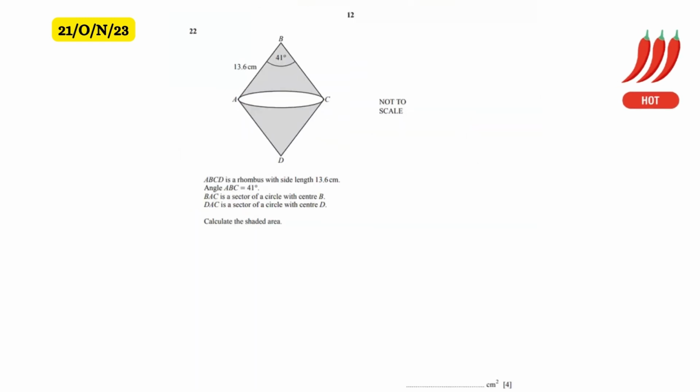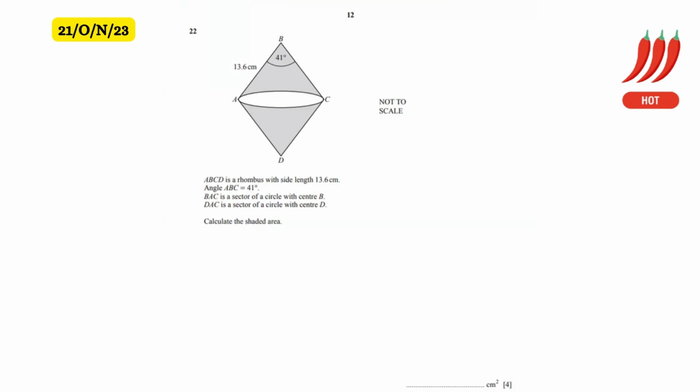Question 22 says ABCD is a rhombus with side length 13.6 centimeters. Angle ABC is 41 degrees. BAC is a sector of a circle with center B, and DAC is a sector of a circle with center D. Calculate the shaded area.